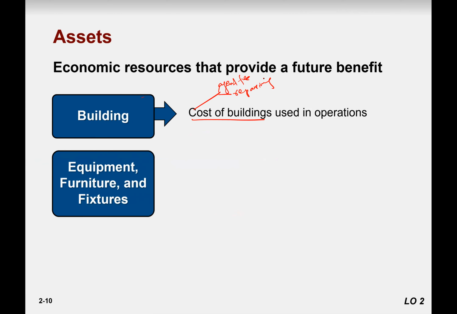So all those repairs and maintenance, for example, whitewashing, applying fence, security cameras, this kind of stuff, all belongs to the building account. That transaction will go to the building account, and the building account is our asset. Specifically, which kind of asset? This is our long-term asset or fixed asset.